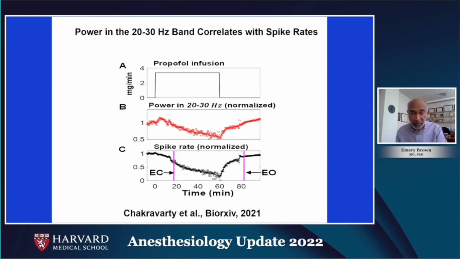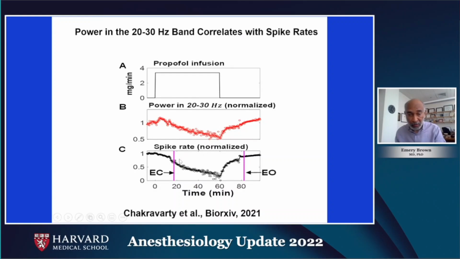And just to give you some idea of what we're going to be looking at, remember I showed you a second ago for the non-human primates that when the animal became quite unconscious, the spike rates got to be very, very low. And it turns out, this is just an empirical observation, that if you track the power in the 20 to 30 hertz range of the EEG, of the local field potentials, it tracks the spike rates.